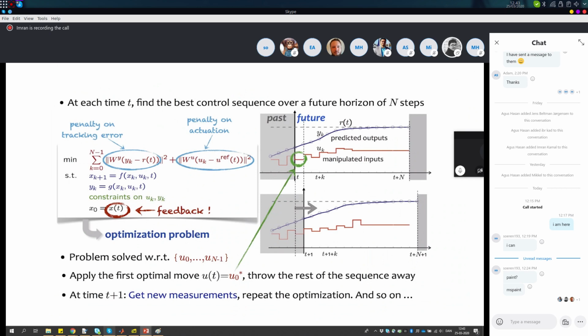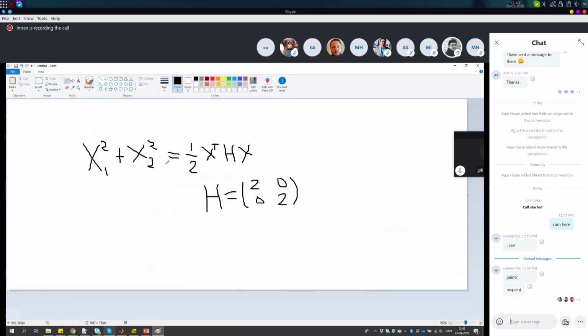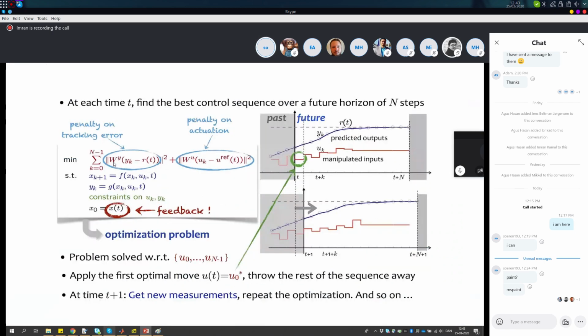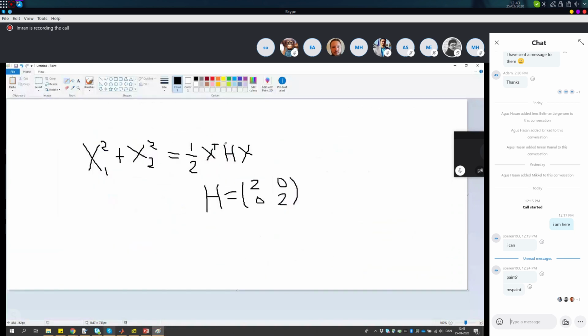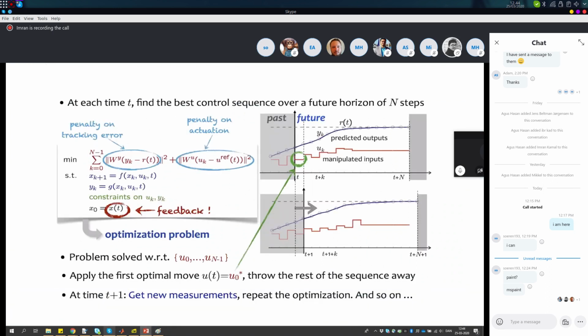In this case, y and r could be vectors. So in this case, it's like x, and this w is the weighting function, which is equal to the matrix H. So this matrix H is the weight of the objective function. I hope you are not confused with this kind of symbol.